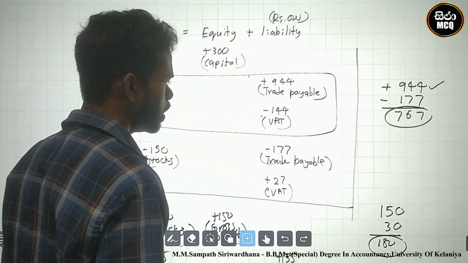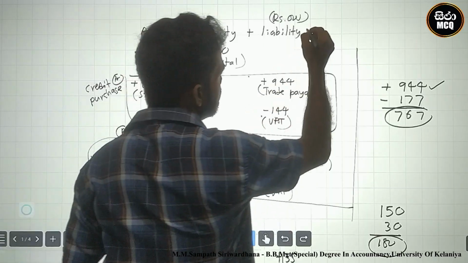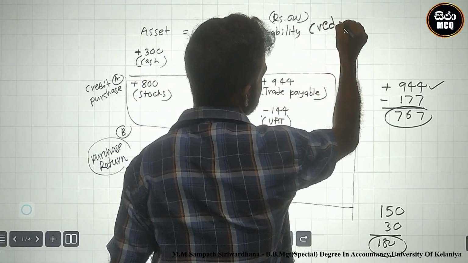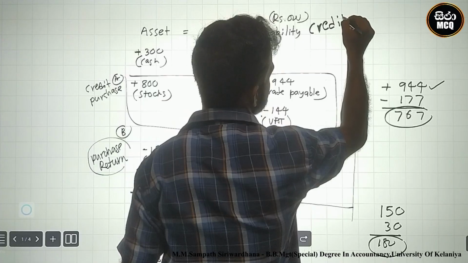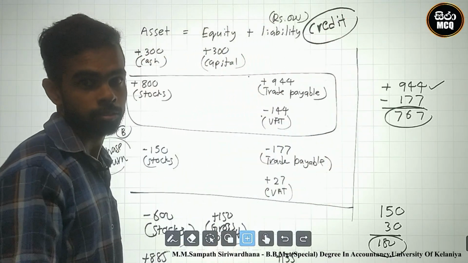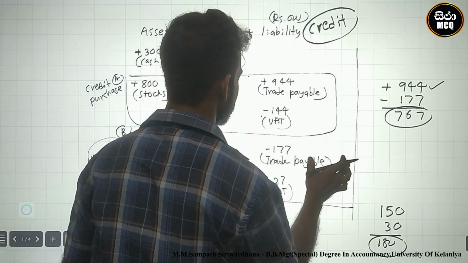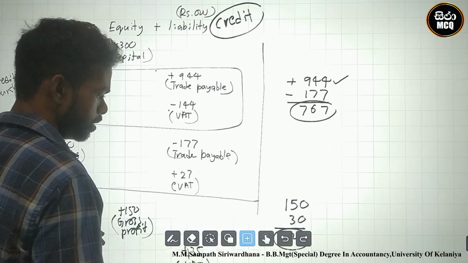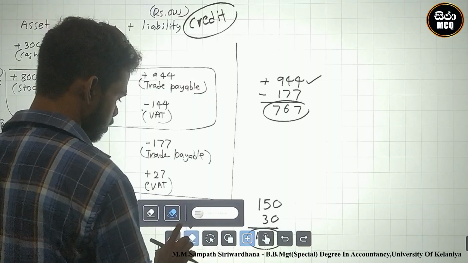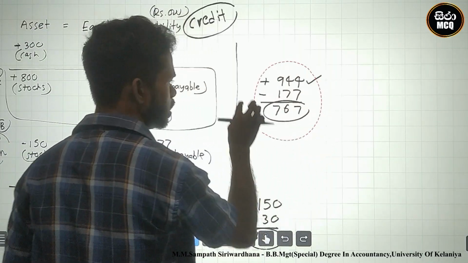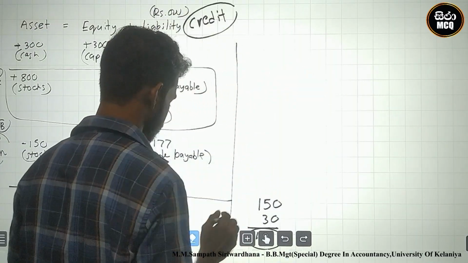VAT minus. Liabilities are credit balances. Therefore I can create the VAT control account here.